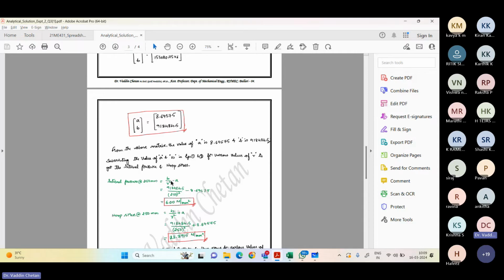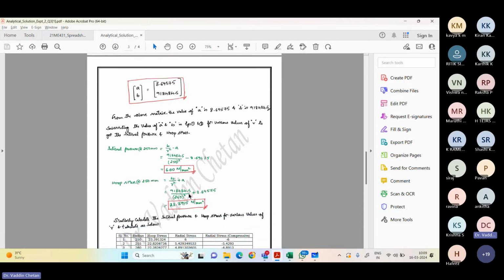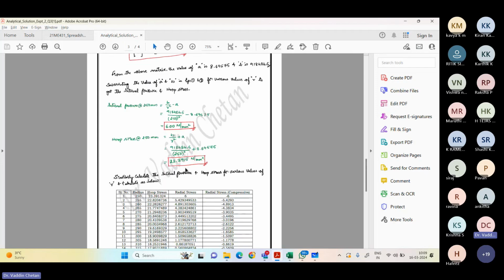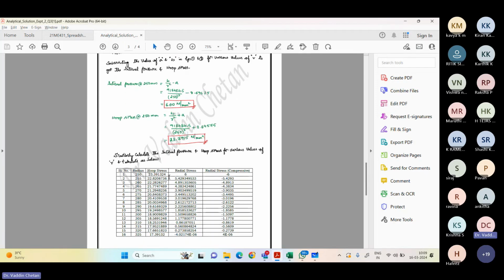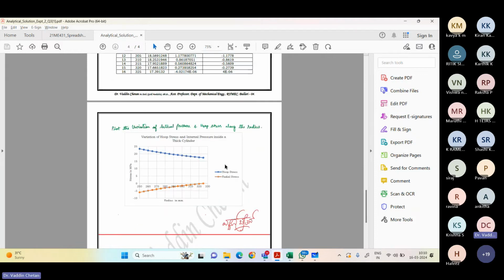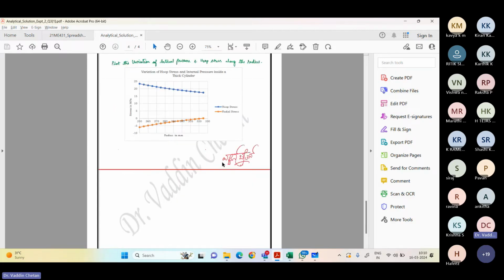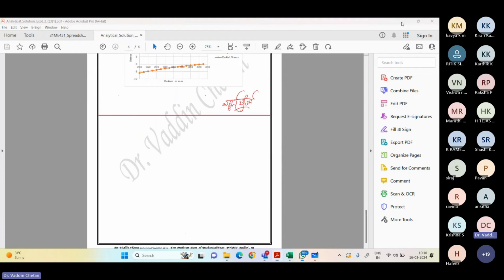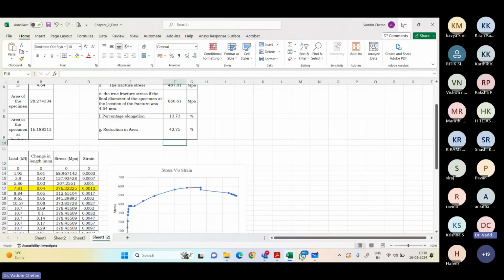Internal pressure is B by R square minus A, and the hoop stress is B by R square plus A. Similarly, you will get the hoop stress distribution and the radial stress distribution. This is how it can be solved.